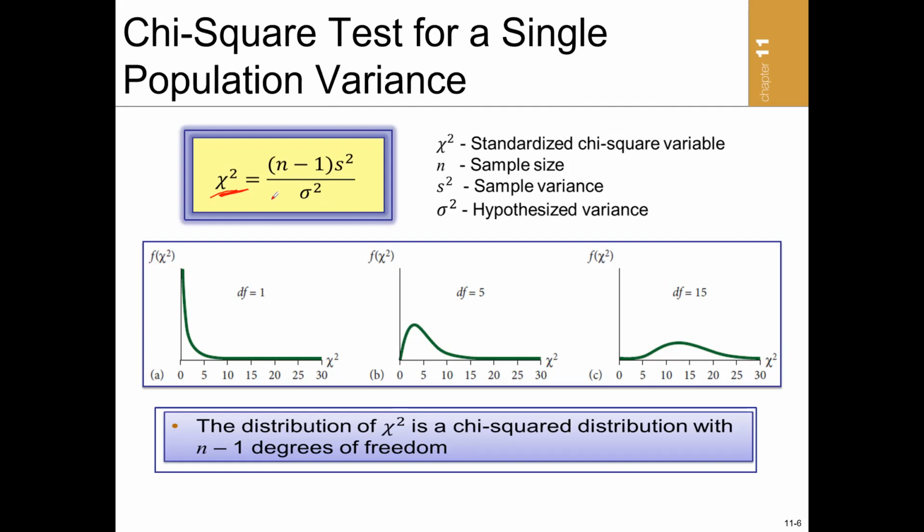Now, similar to t-values, chi-square values are also read from the table, and we will need a degree of freedom to read from the table, all right? So remember, when it comes to chi-square for a single population variance, the degree of freedom is n minus 1, all right?